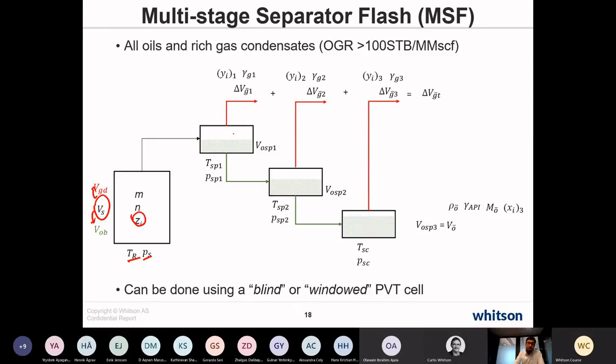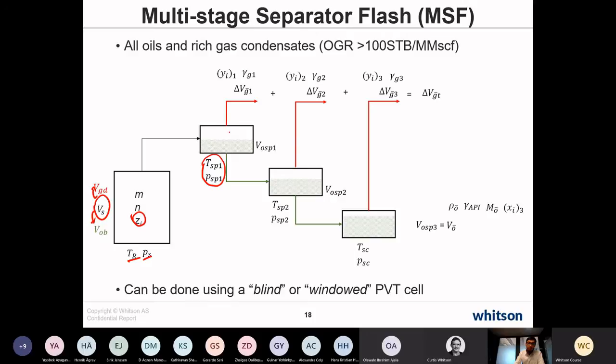That represents our first stage separator pressure and temperature. So that's these two guys in this PVT cell. At that pressure and temperature, we expect to have two phases, independent of whether it's a dew point or a bubble point. You will get two phases at the first stage separator: the separator oil, and the gas, which will represent the separator gas.